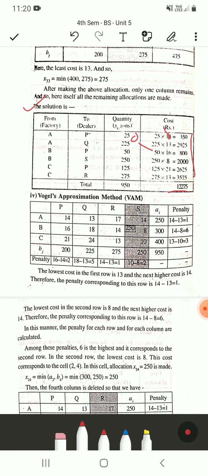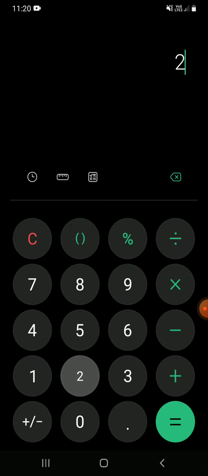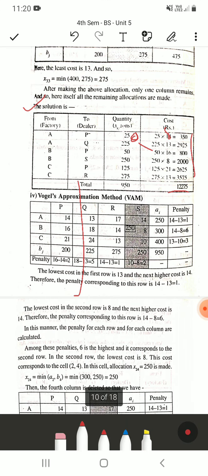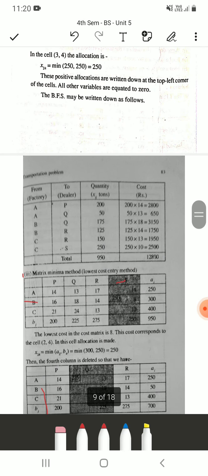To verify whether this answer is the same or not, because it should be 250 into 8, so it is 250 into 8. So this allocation is completed.